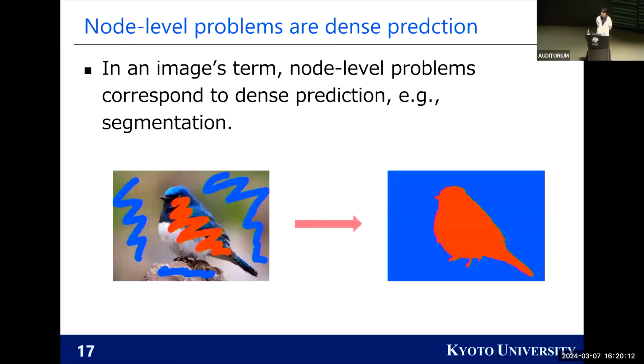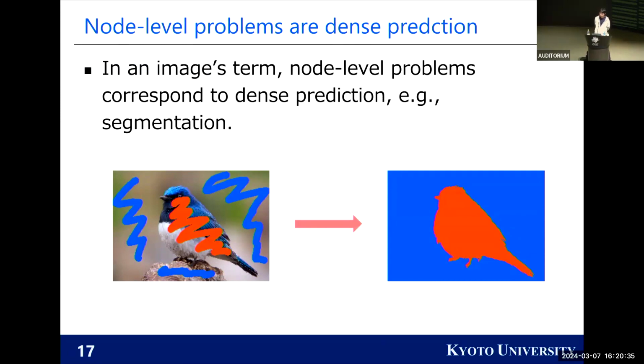And for those who are familiar with computer vision, it may be easier to understand node level problems as an analogy to dense prediction. As I said before, an image is an example of a graph where a node is a pixel. So node level prediction means pixel level prediction. It means dense prediction, like segmentation.